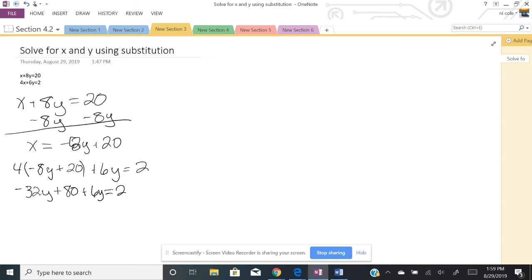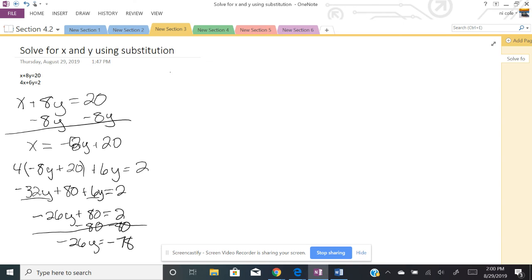Okay, combine like terms. So negative 32 plus 6 gives me negative 26y plus 80 is equal to 2. Subtract 80, subtract 80. So negative 26y is equal to negative 78.